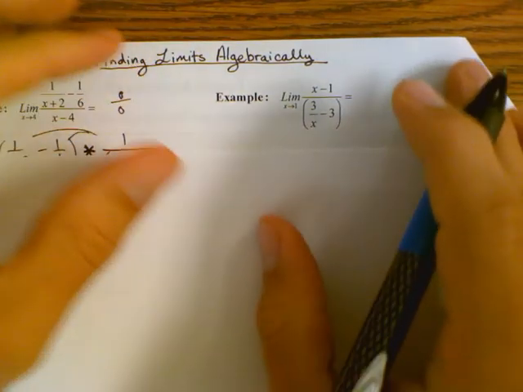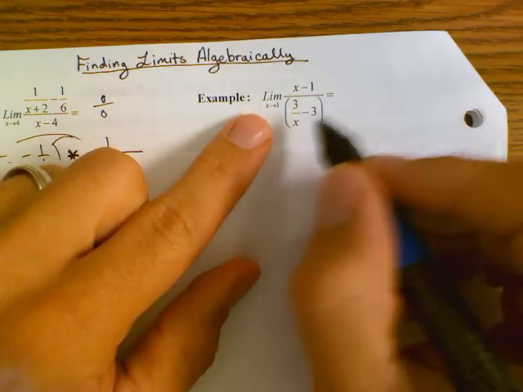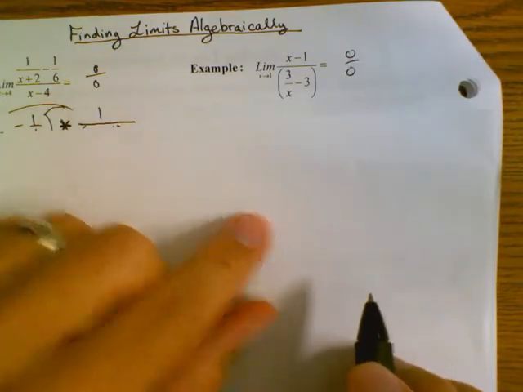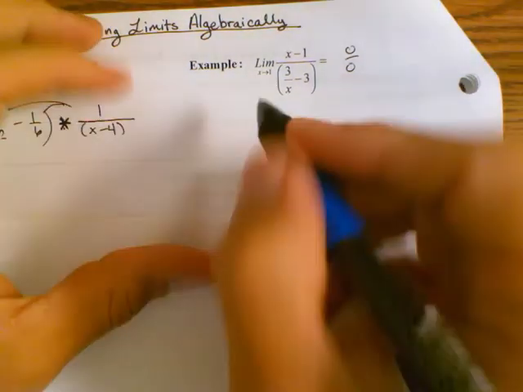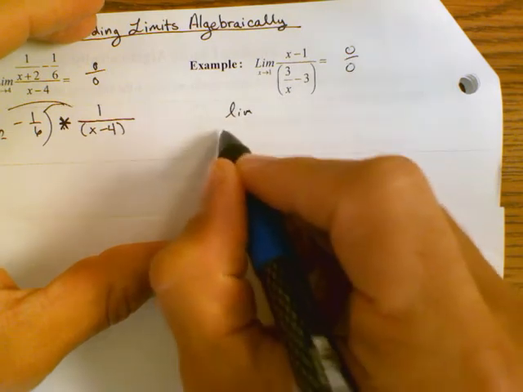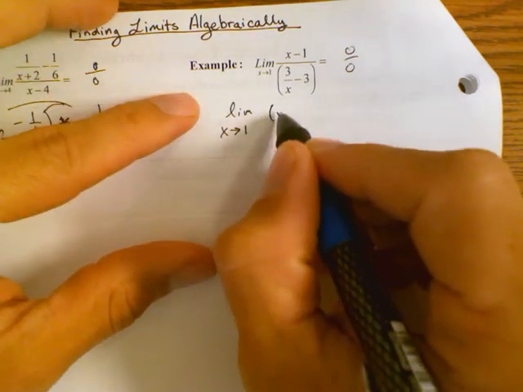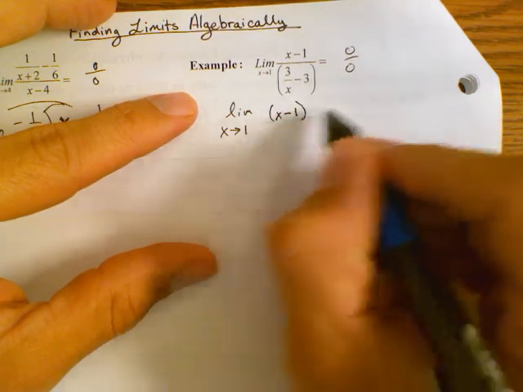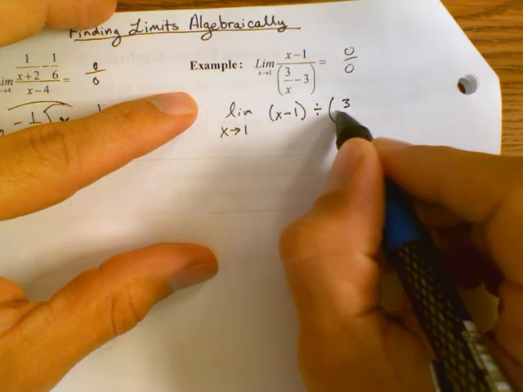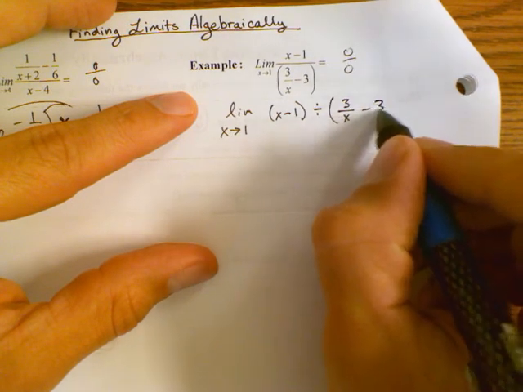So let's take a look at this problem. If I substituted in 1, I would get 0 over 0, which is an indeterminate form. So I'm going to write down the limit as x approaches 1. I'm going to rewrite this as x minus 1 divided by 1 over x minus 3 over... Wait a second.